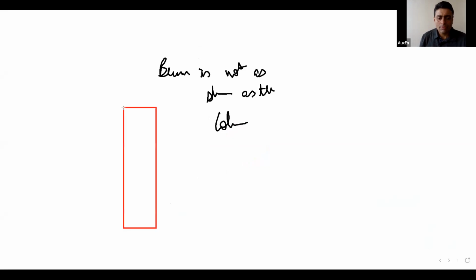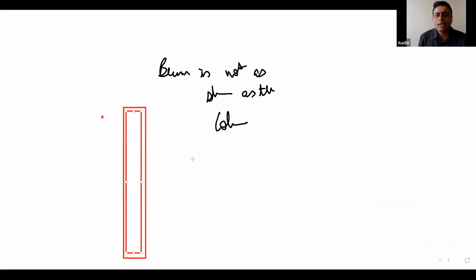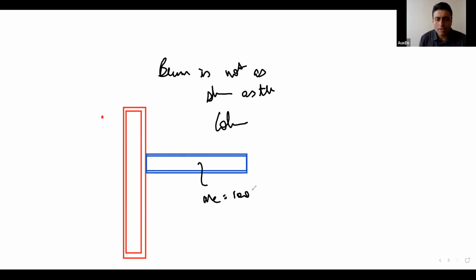For example, if this is my column in elevation, and this is my beam, again in elevation, and the moment capacity of this beam is, let's say, 100 kilonewton meter. This is the moment capacity.